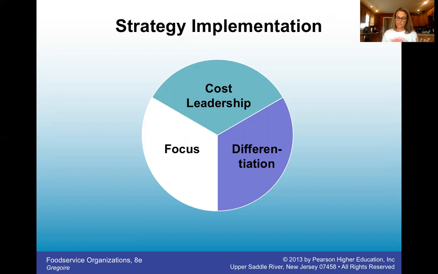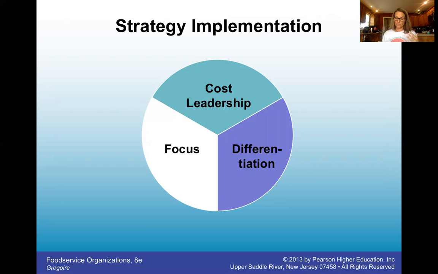So there's 3 basic strategies: cost leadership, being the lowest cost provider for a product or service; differentiation, being different and unique, that the customer values what you're bringing to the table; and then focus, using cost leadership or differentiation strategy to target specific limited size niche markets.